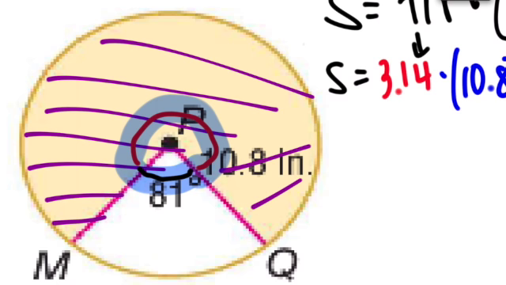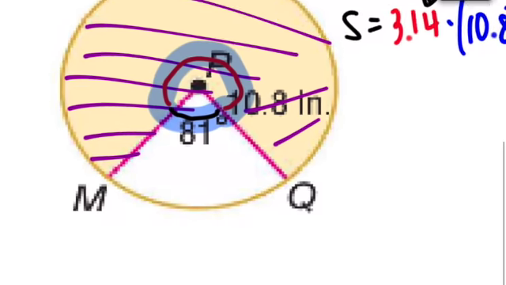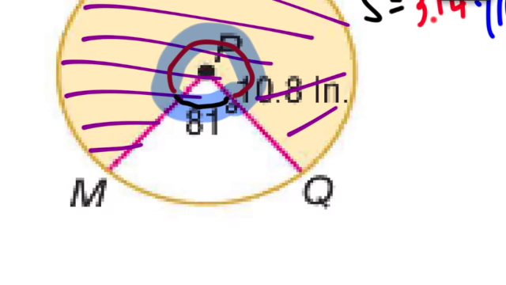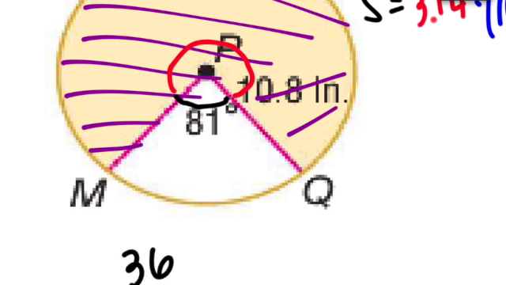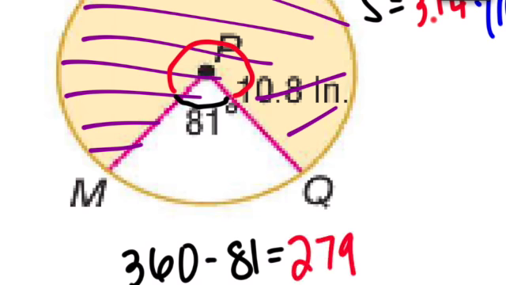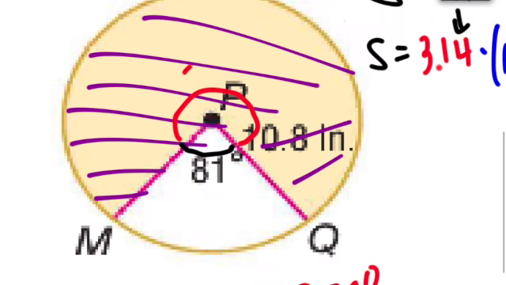So that must mean that they equal 360 degrees. So off to the side, I'm going to find the angle of the remaining piece, the part in the red, by subtracting from 360. So 360 minus 81 gives me the angle that corresponds to the shaded region. 360 minus 81 is equal to 279 degrees.